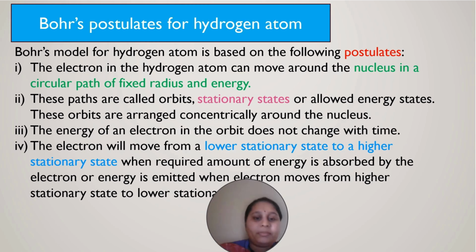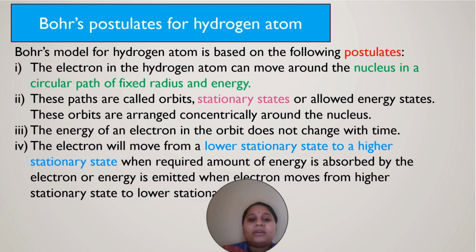So the next concept is Bohr's postulates for hydrogen atom. Bohr proposed a few postulates based on his assumption for a hydrogen atom. How does a hydrogen atom electron move? It moves around the nucleus in a circular path of fixed radius and energy. These paths are called orbits or stationary states.